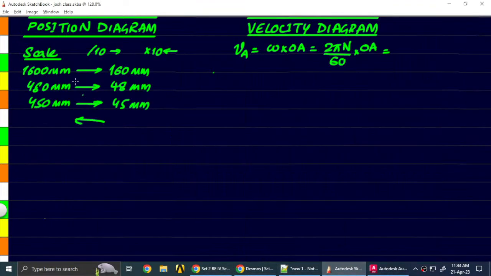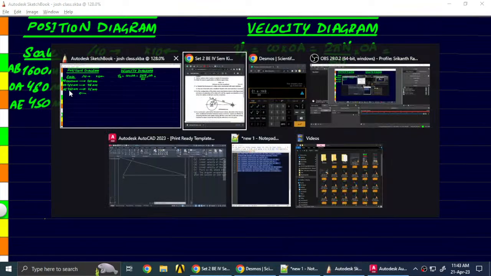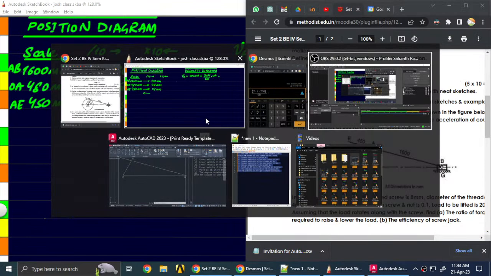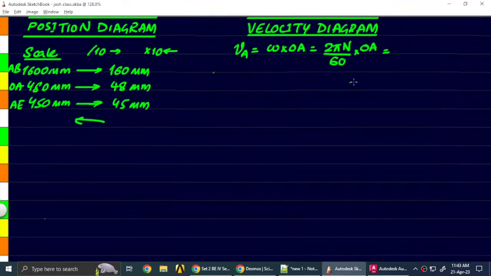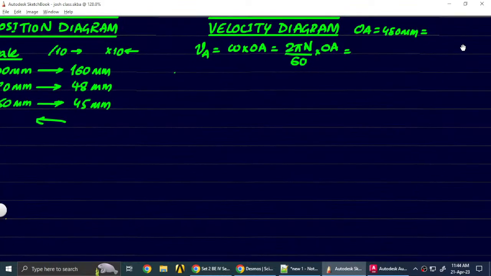This length here is OA, this one here is AB, this here is A to E. We have to take the actual length and not the drawing length. So 480 mm is what we have to take up. OA length is 480 mm. We need to convert this into meters, so we get 0.48 meters. That's the value we have to use over here.